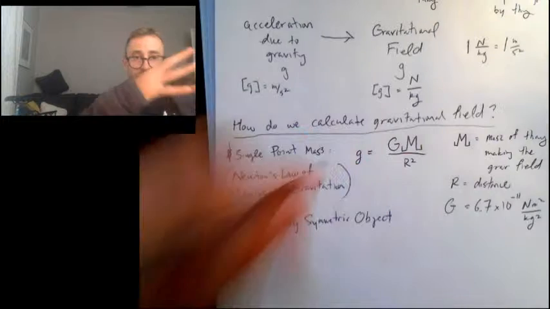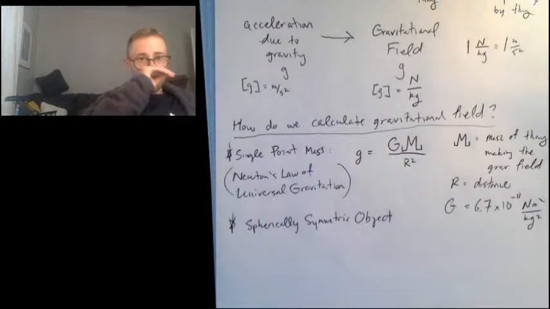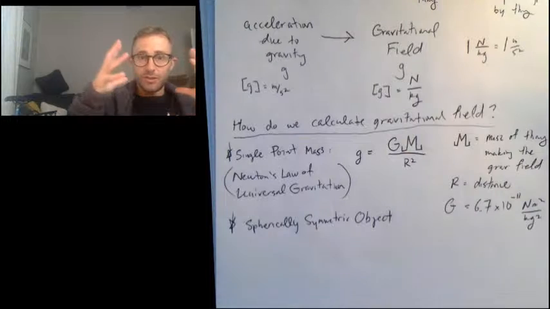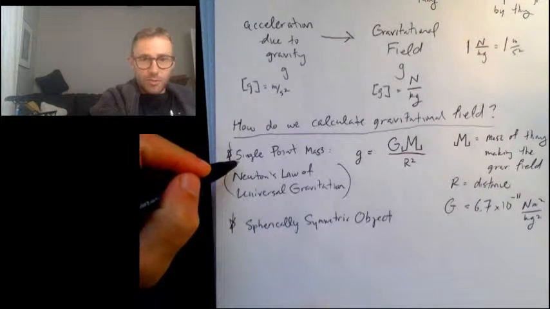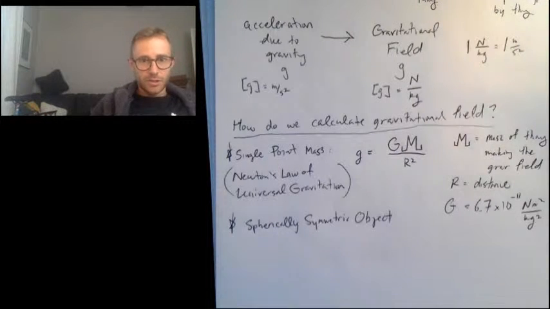So this is an extended object, but it's an extended object in a spherical way. Okay, so a planet is an example of a spherically symmetric object. A planet is not a single point mass because it's an extended object. But it is spherically symmetric, or approximately spherically symmetric. The sun is approximately spherically symmetric, so you could use this for the sun.